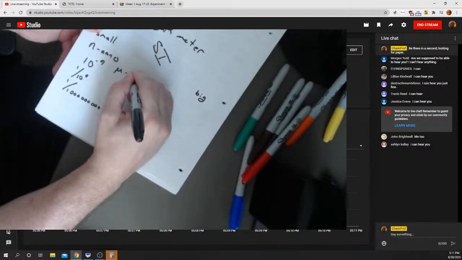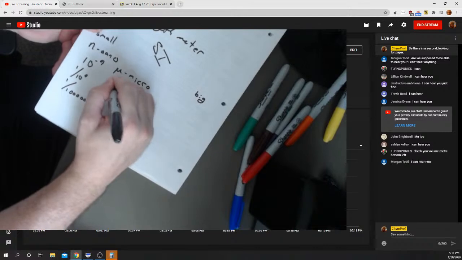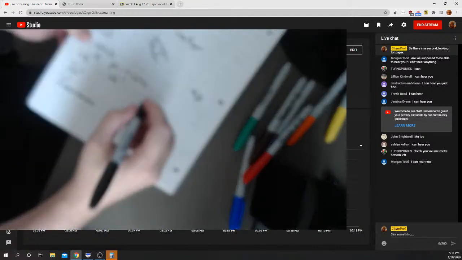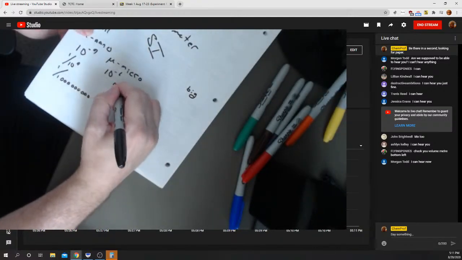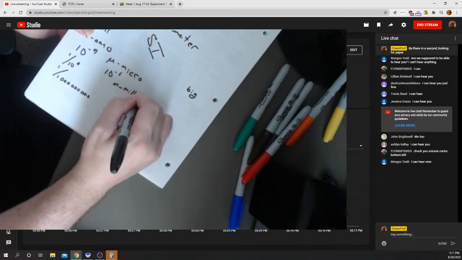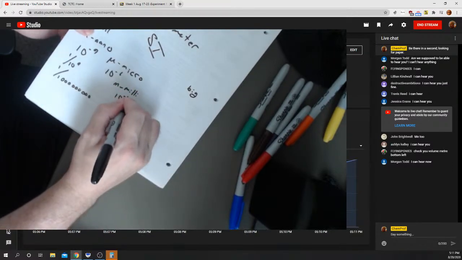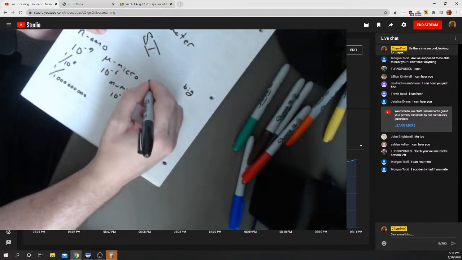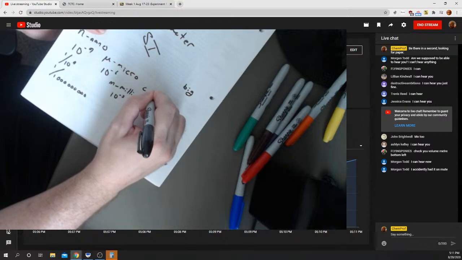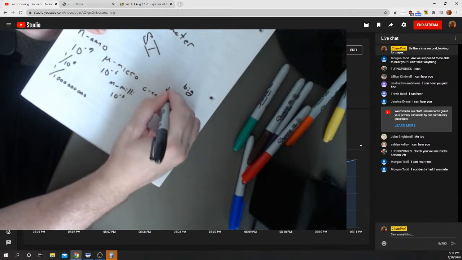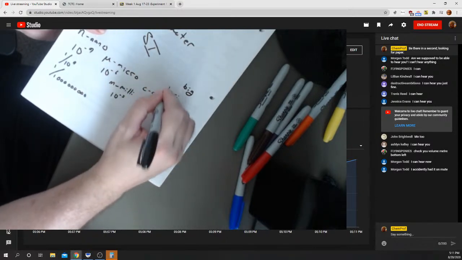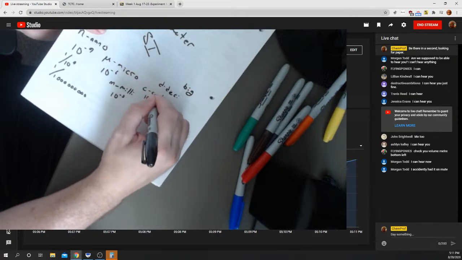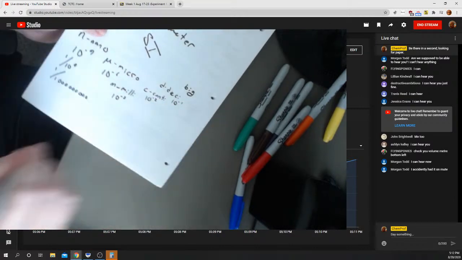All right. So next up is micro, which is 10 to the negative sixth, followed by milli, just 10 to the negative third. And then you have centi and deci, 10 to the negative second, 10 to the negative first.